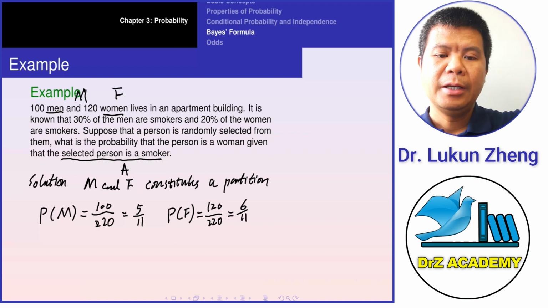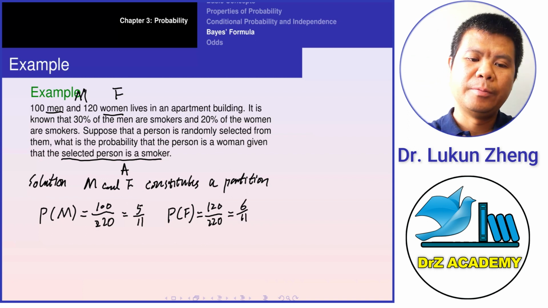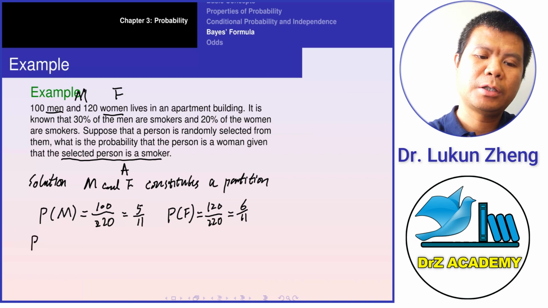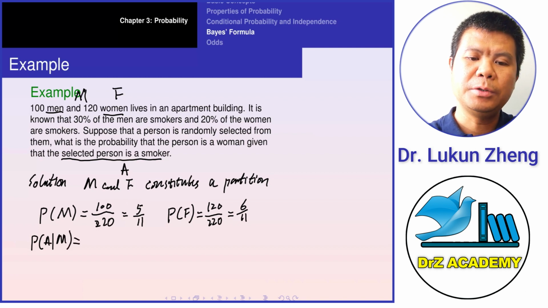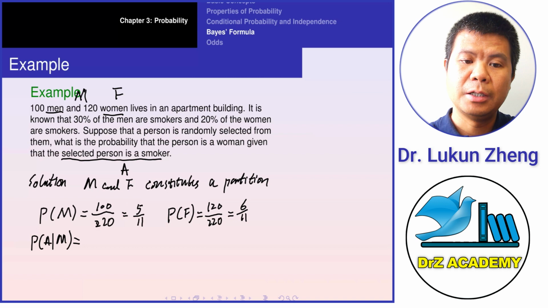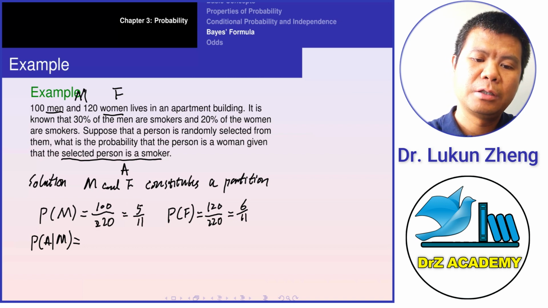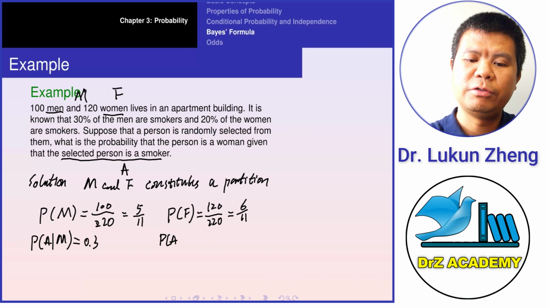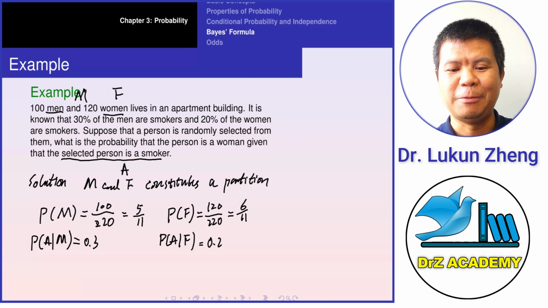All right, and also we know the P of smoker A given M equals what? 3% of the men, that's 0.03. And also the probability of A given female, that's 0.2. Okay, very good.